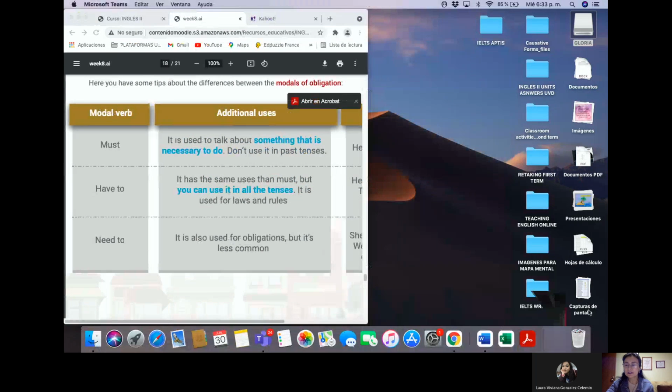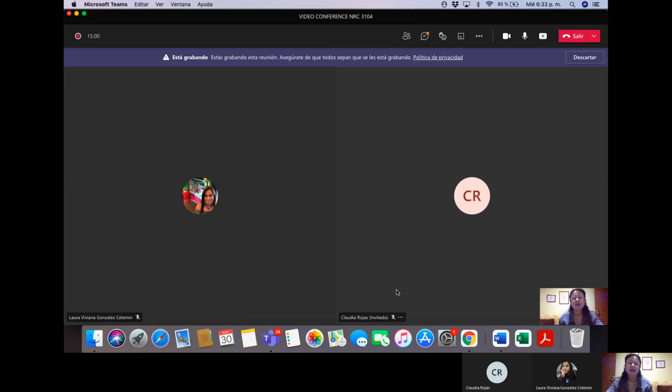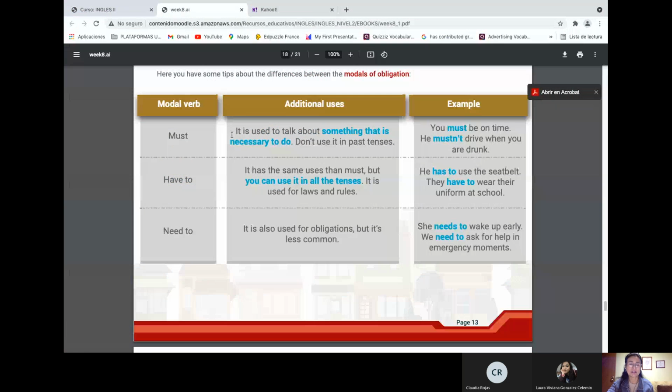Remember that must is used when you are expressing something in the affirmative way. Must is used to talk about something that is necessary to do, and it is used only in the present tense.